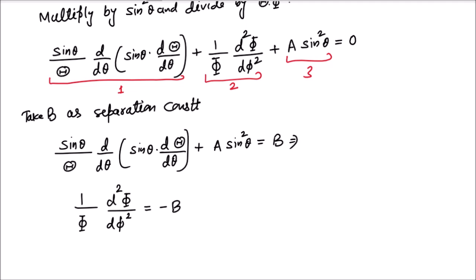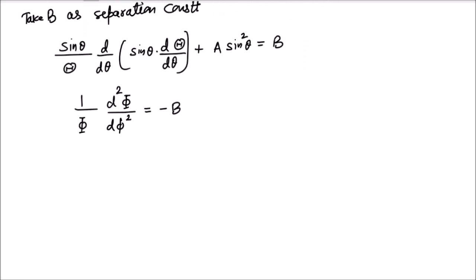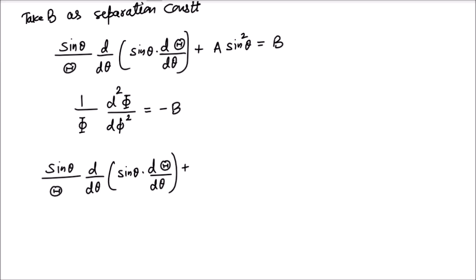So this equation becomes, let's write it again. So now we get sine theta over function of theta d by d theta of sine theta d function of theta, plus a sine square theta, minus b equal to 0. This is called the polar part.